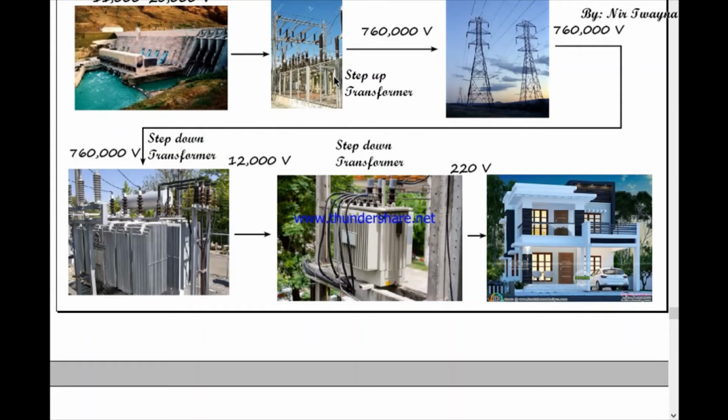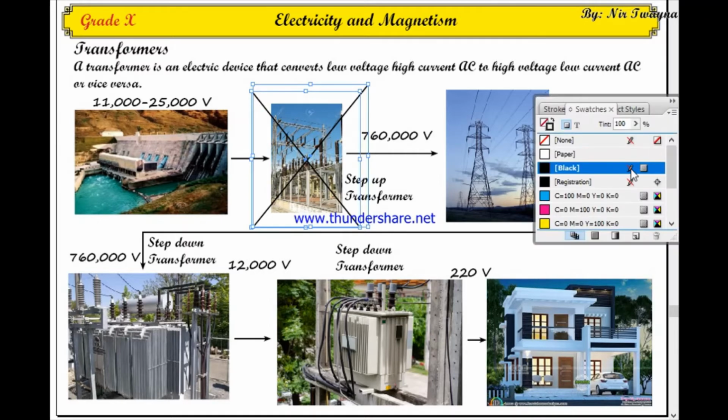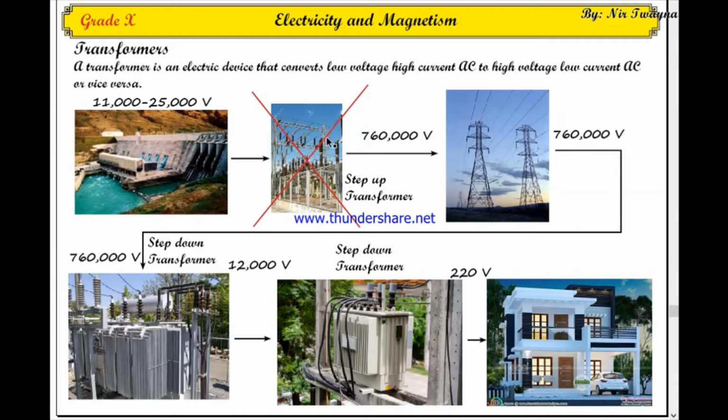No transformer means this step is not there. So instead of 760,000 volt, current would be transmitted at 25,000 volt itself.